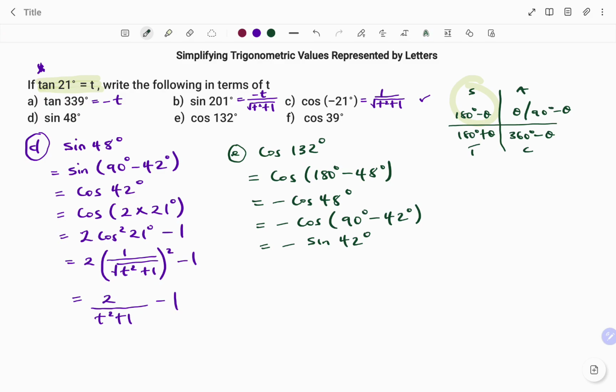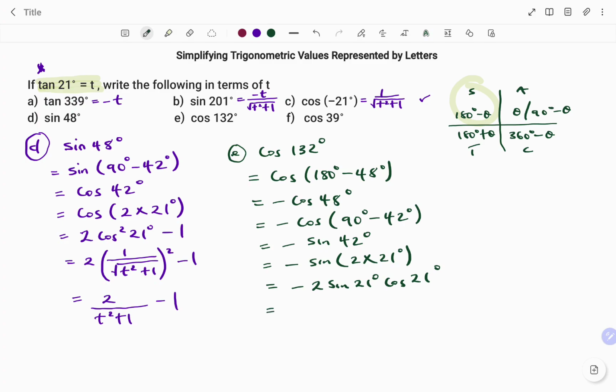Cos 90 minus 42 is sine 42, and because of the negative in front, I'm adding that. And using a double angle, that would be minus sine 2 times 21 degrees. Using the double angle identity for sine, that's equal to minus 2 sine 21 degrees cos 21 degrees.